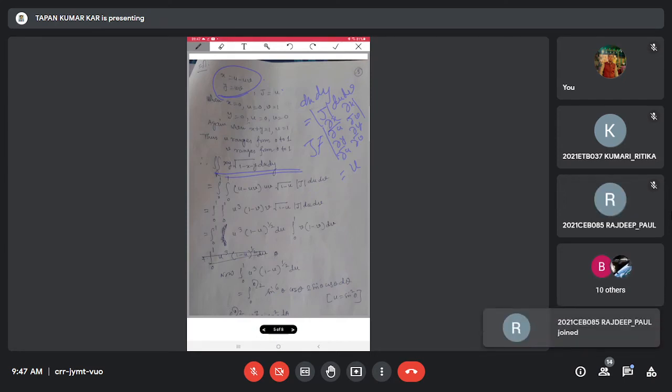The limits were also given, but here unfortunately the region R is not given. Anyway, what you have to do is, for the region R the limits can be set for the variables x and y, but after this transformation your new variables are u and v. So you have to set up limits for u and v, and that limit is 0 to 1, 0 to 1.